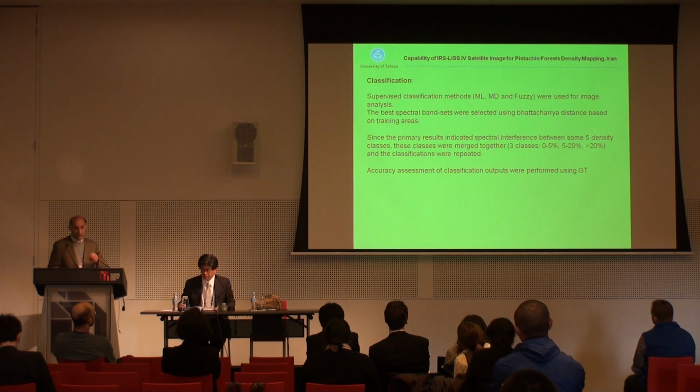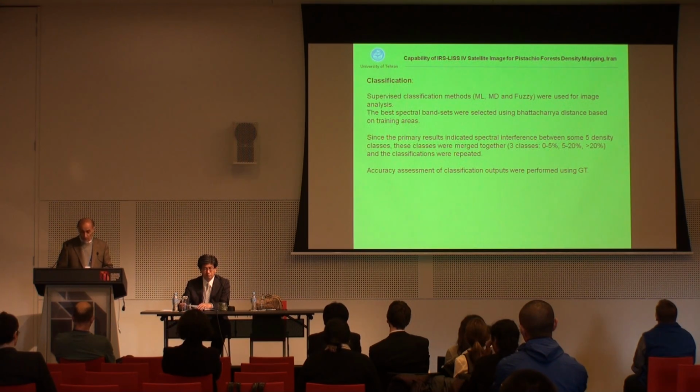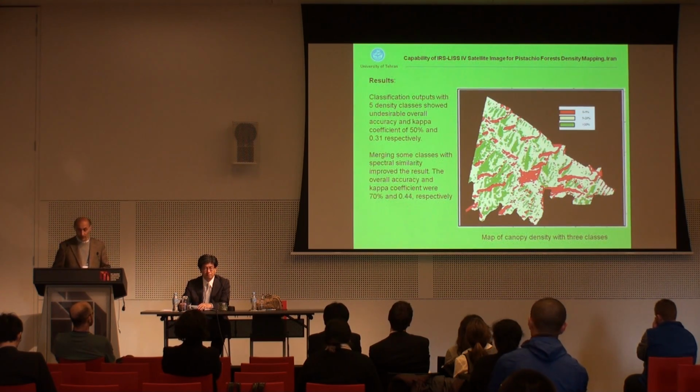As I said, we prepared our ground truth in 5 classes, but the primary result showed very high spectral interference. Therefore, we merged some classes from 5 classes to 3 classes, and then we performed the classification again. For the assessment of accuracy, we used our ground truth.